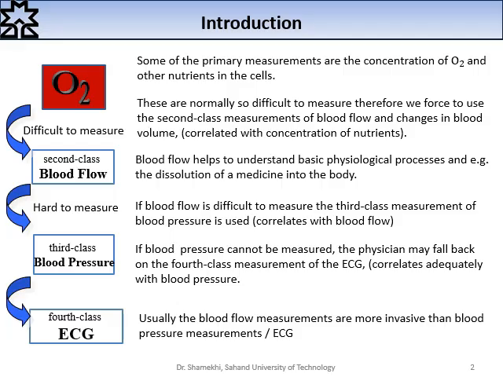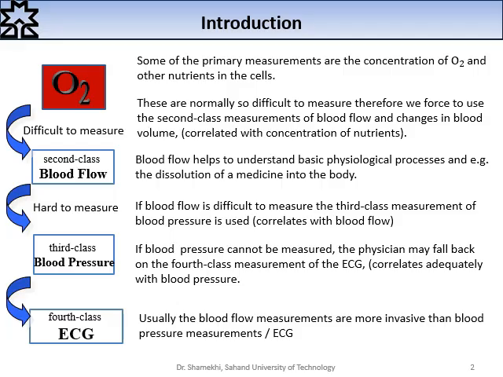But measuring the blood volume, in some cases, is not a common and simple method. Therefore, in some devices, in some cases, we measure blood flow instead of blood volume as the second class.